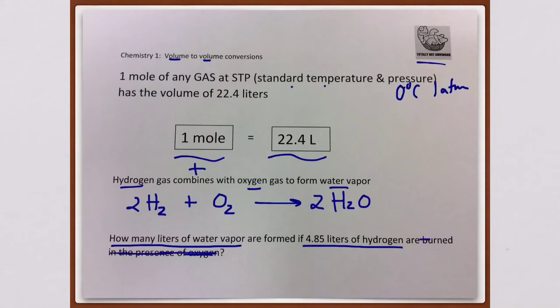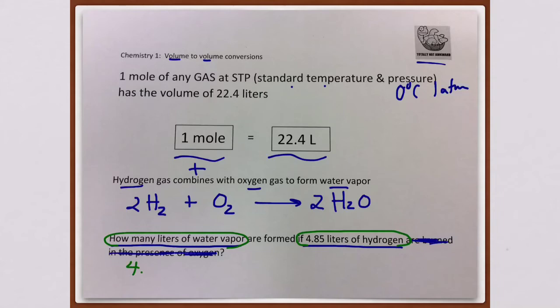We don't even have to worry about it. Okay? So what are we trying to get to? Liters of water vapor. What's given to us? 4.85 liters of hydrogen. Okay, so we're going to set this up the exact same way, except instead of molar masses, we have liters, which makes it really easy because they're going to cancel. You'll see in a second.